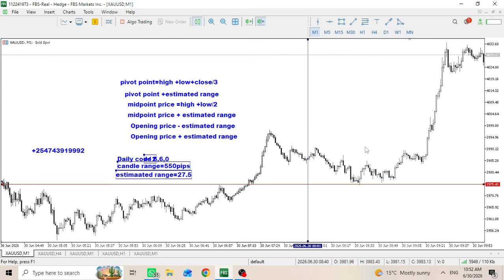Because even with an edge of a 50% win rate, with a risk reward ratio of 1:2, you're already a profitable trader. And I have already given you, just by watching the first 10 minutes of every 4-hour candle and 1-hour candle, a complete strategy. And using the pivot points and the daily codes and stuff, 3, 6, and 9. The 3, 6, and 9 is overrated.